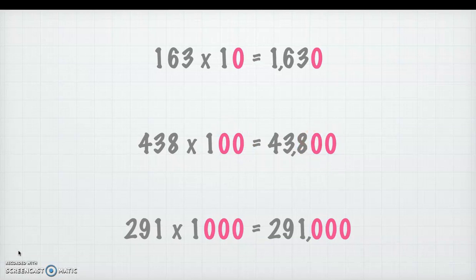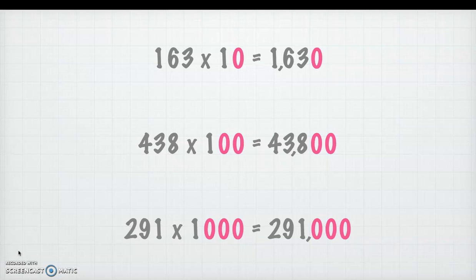Let's look at the last one. 291 times 1000. 1000 has 3 zeros, so all I did was annex 3 zeros to 291. So it's very simple. If you know that rule, it's going to be super easy as you're multiplying by 10, 100, and 1000.